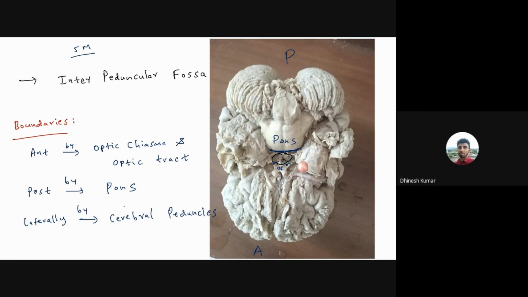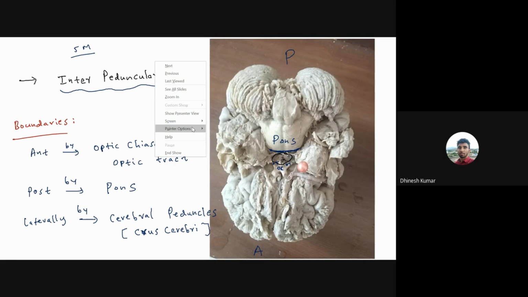If you want to say specifically, it is crus cerebri, which is a part of cerebral peduncles. That's why this region is called interpeduncular fossa, because it is bounded between the two cerebral peduncles, crus cerebri of cerebral peduncles. I hope you are clear about the three boundaries of the interpeduncular fossa. Fine.